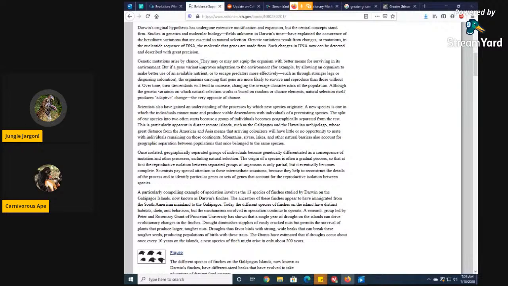Genetic mutations arise by chance. By chance, millions of monkeys are typing on typewriters, writing instruction that's not there. It may or may not equip the organism with better means of surviving. So the mistakes happen. It may or may not work or make it better or worse in a particular environment. But even if a gene improves, do you have any idea of how much time you need?